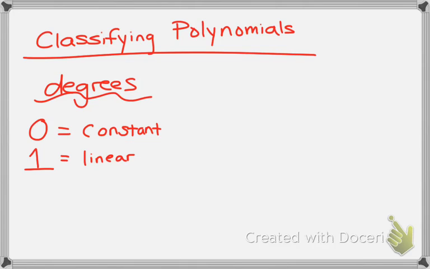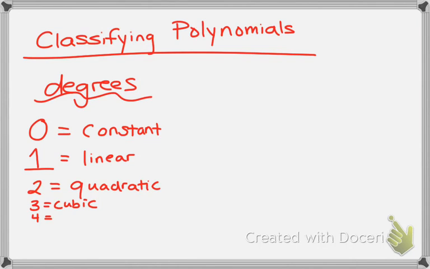It's a linear polynomial. If your degree is 2, it would be quadratic. 3 would be cubic. We can do 4 and up to 5.